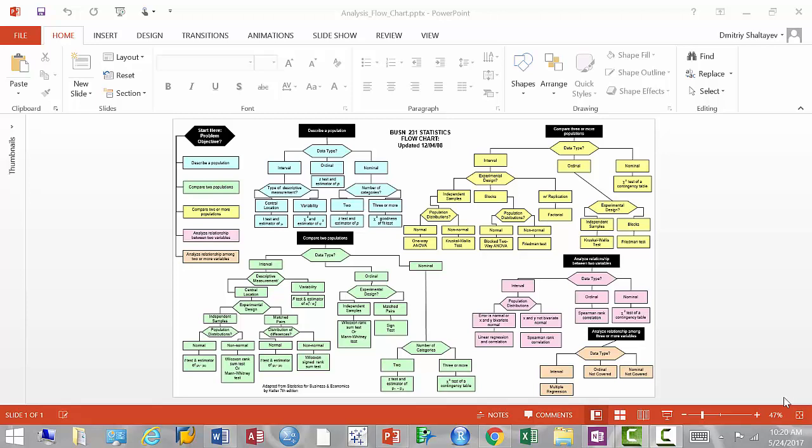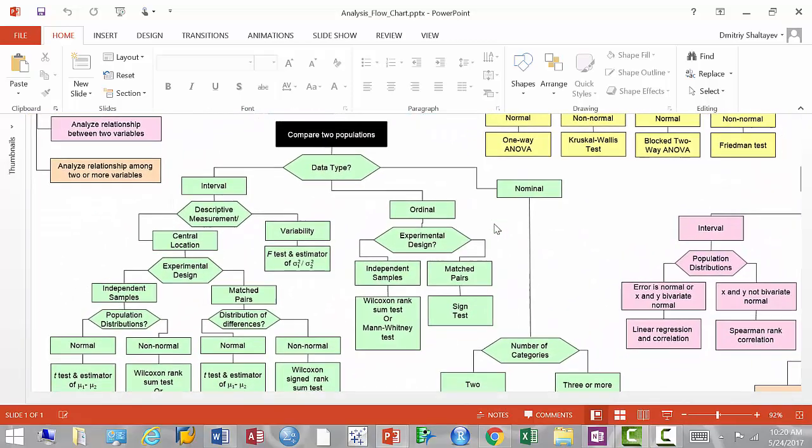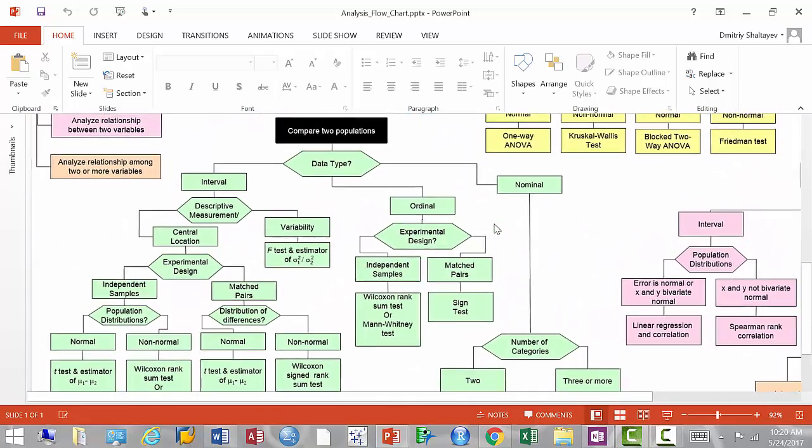So out of the non-parametric tests, in the previous lecture we have discussed actually two of them, right? So let's take a look. That was primarily concerned with comparing two populations.